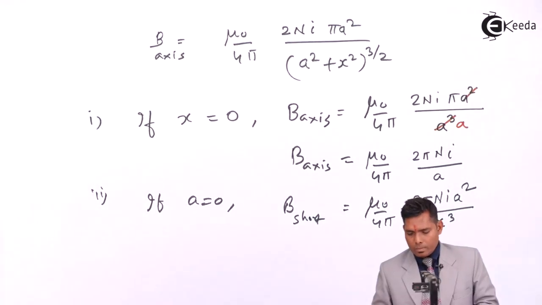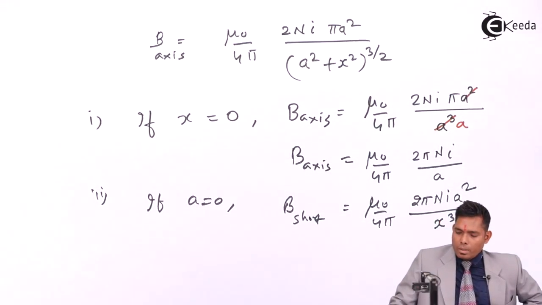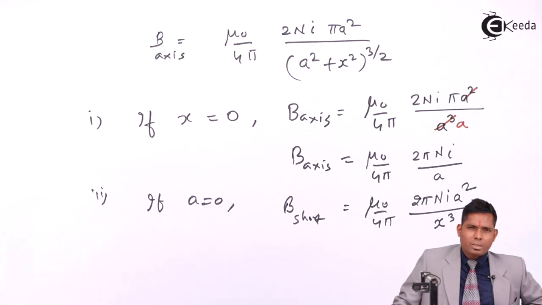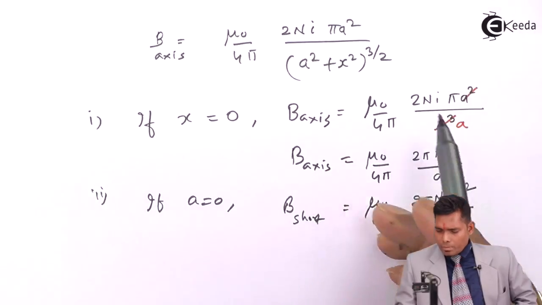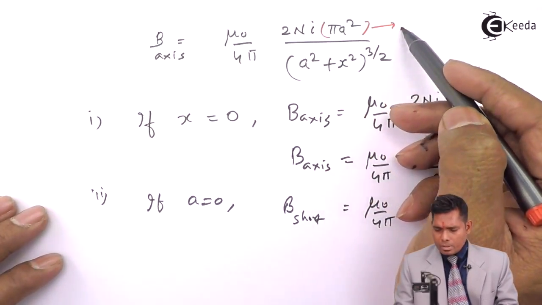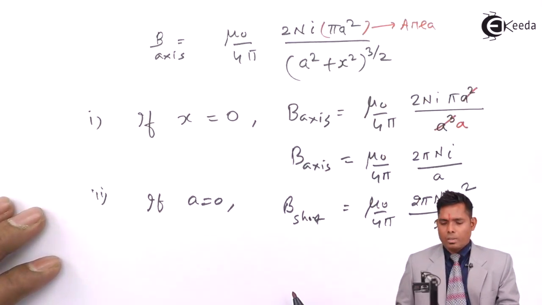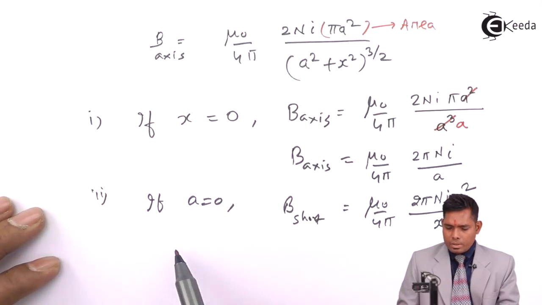So these are the things you remember. And pi a square is the area of the coil. Why have I kept this separately? Because this is nothing but the area of the coil. So to remember this, you can remember like this.